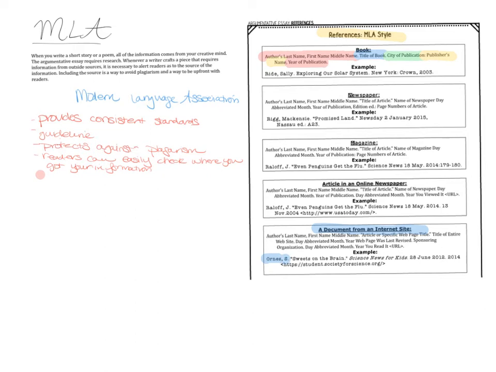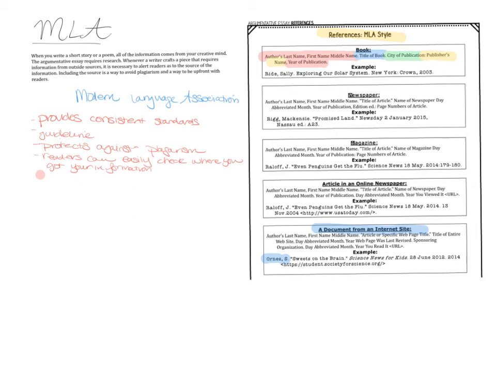And then they have the article or the specific web page title, the title of the entire website, the abbreviated month, year, web page was last revised, the sponsoring organization, day, abbreviated month, and then the year you read it. And then the URL, which is the website. Now, sometimes websites are not going to give all of that to you, but you follow the same format and you put all the information that you can find on it.